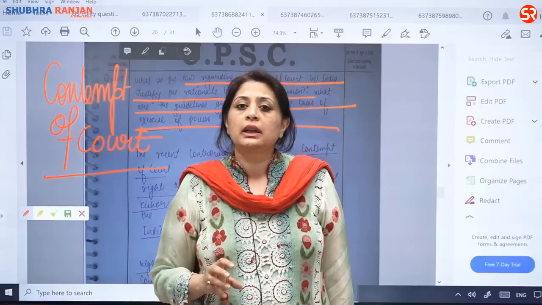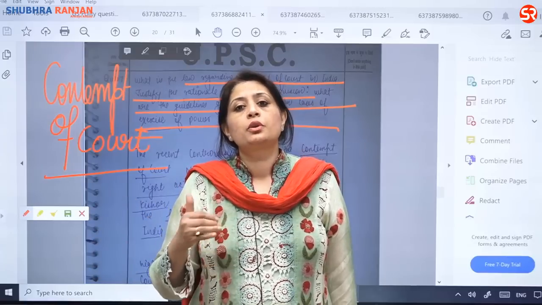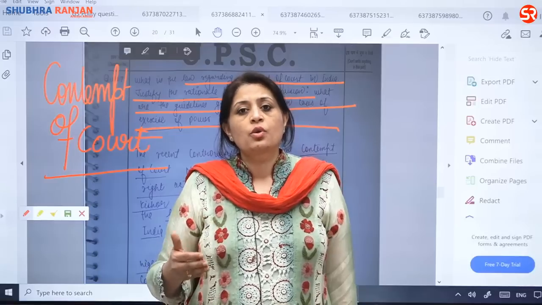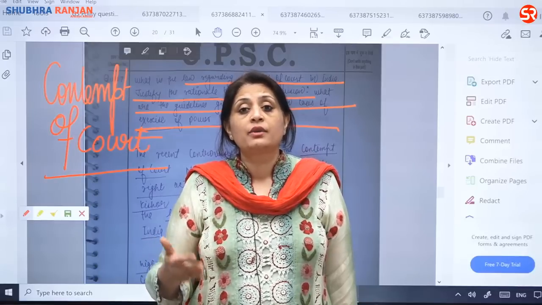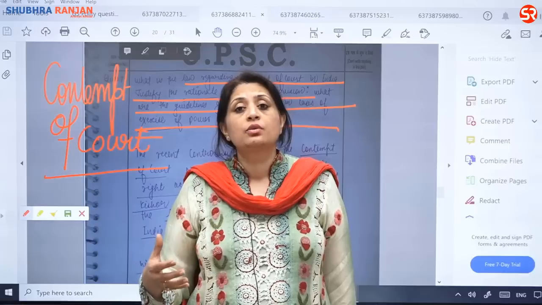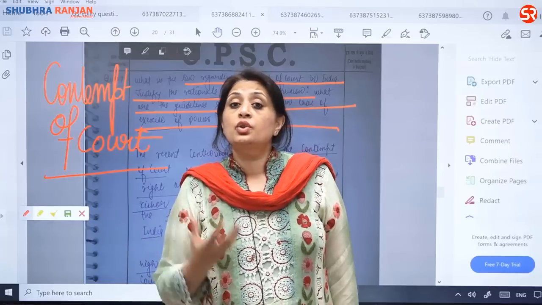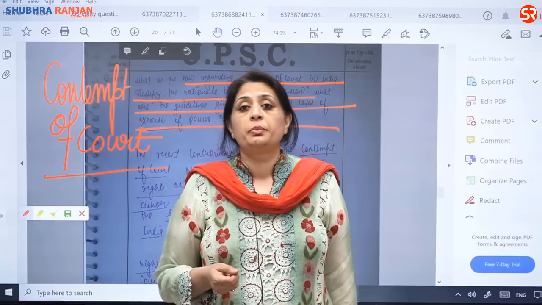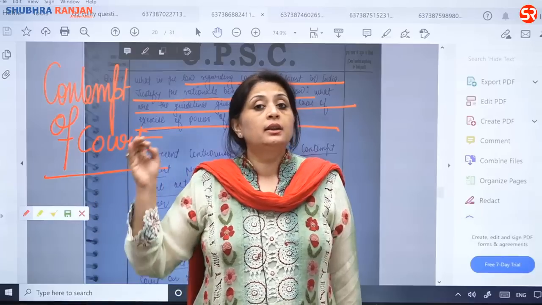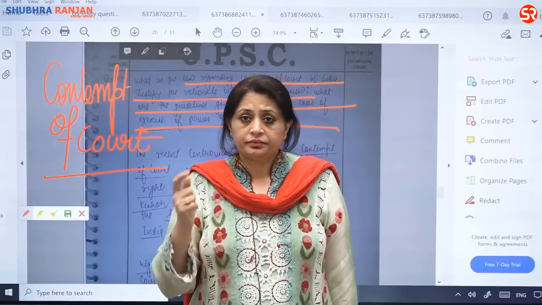There is also a case in which Supreme Court held that Supreme Court can exercise this power on behalf of high courts and subordinate courts so that the confidence of the people remains in judicial system.